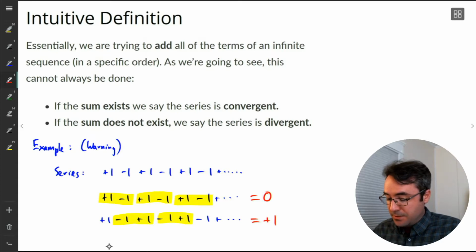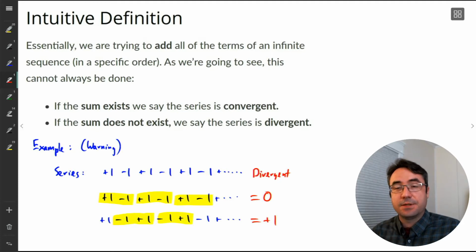And that's what we're seeing with this series here. In this case, this series we'll see is divergent. The sum does not actually exist. So this is just a little example of what can go wrong when we talk about an infinite series.